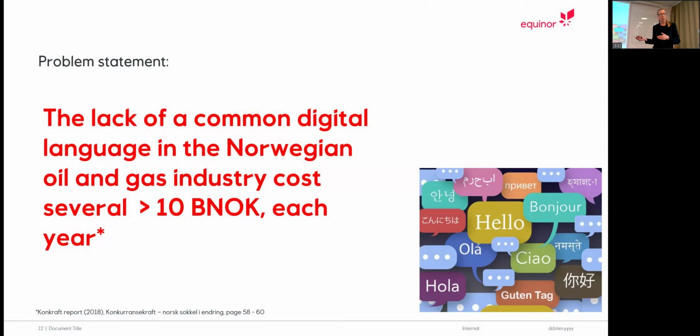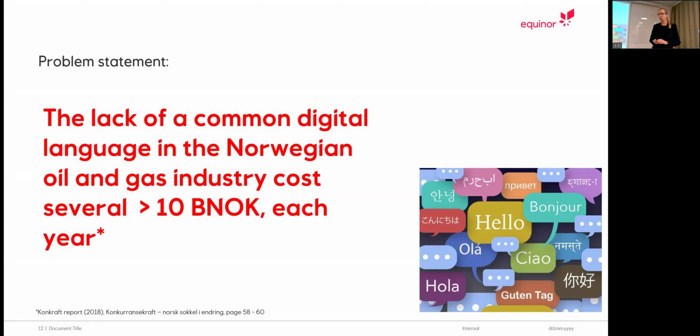And the oil and gas industry constitutes 14–15% of that, which makes 500 billion value of the Norwegian oil and gas industry. Comparing 10 billion to 500, you see that that's 2%. That's quite a lot. So if we could decrease those 2%, that's a lot of value for the oil and gas industry.